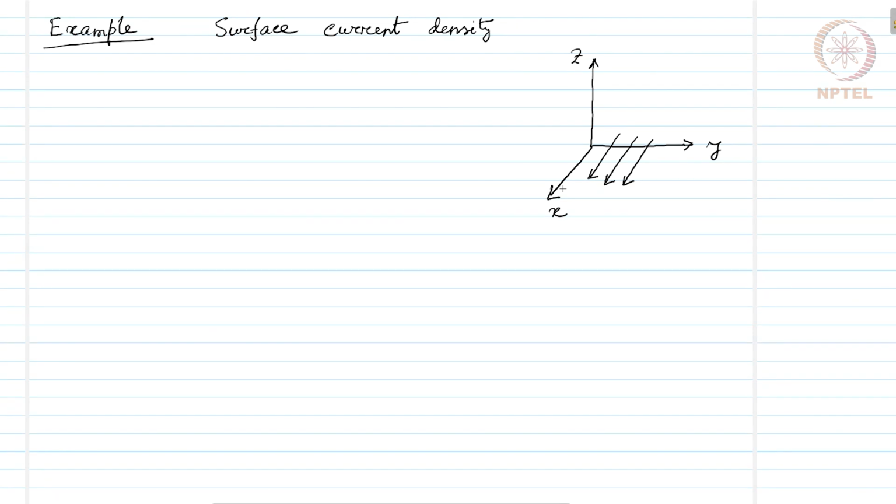It flows over xy plane, and so the surface current density can be given as K equals K x cap. K is constant everywhere and it flows along x direction. We want to find out the magnetic field for this kind of a current.